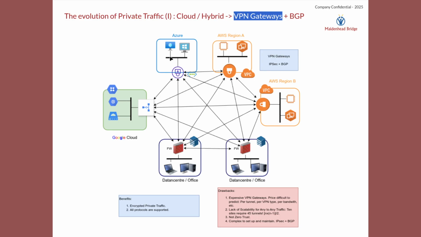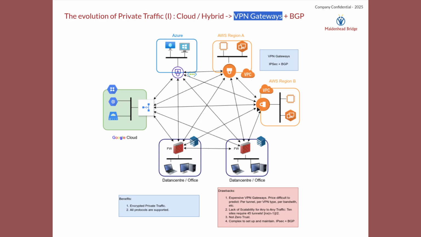Let's take a look at what happens when you use firewalls and VPN gateways. Well, the benefit is the traffic is encrypted and all protocols are supported. The drawback is the VPN gateways are expensive, and the price is difficult to predict in cloud, because if you have such traffic or so many tunnels, this cloud provides 3 tunnels, this 5, this 2, and it's extremely difficult to predict how much it will cost.